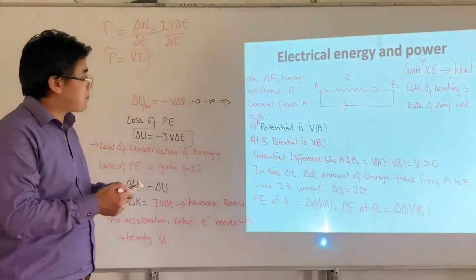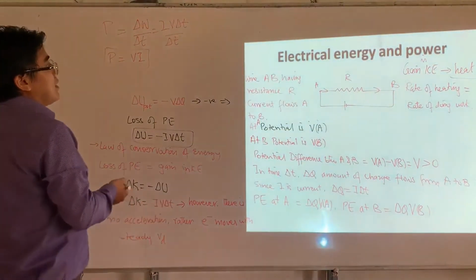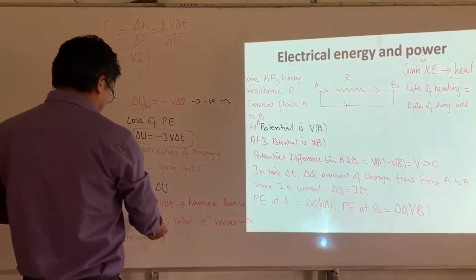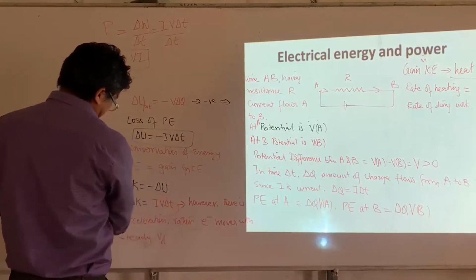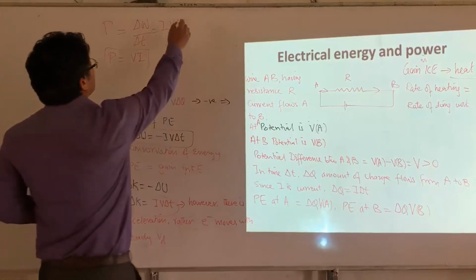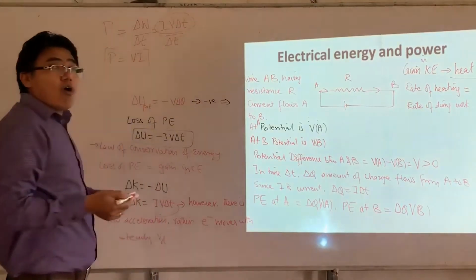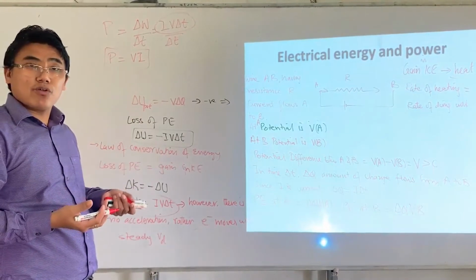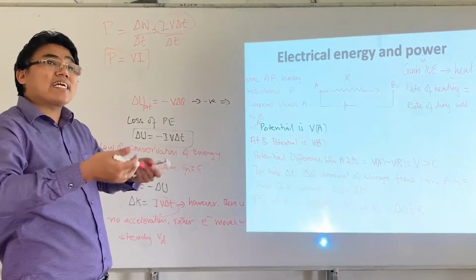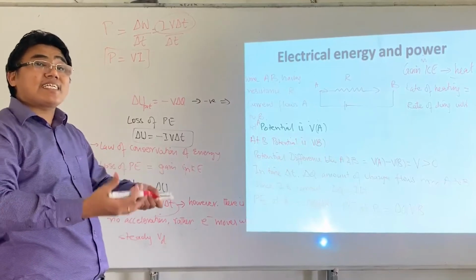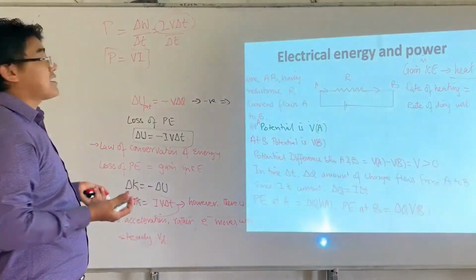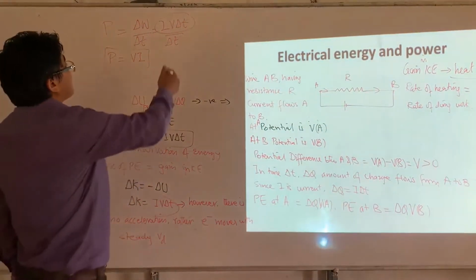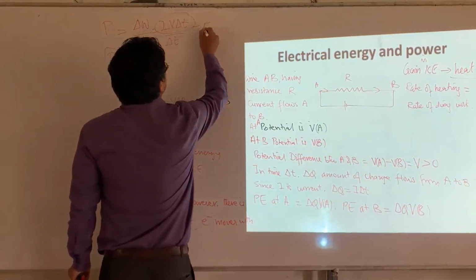And this is electrical energy. More time, more electrical energy is lost. Less time, less electrical energy is lost. The rate of losing electrical energy is what we call power.